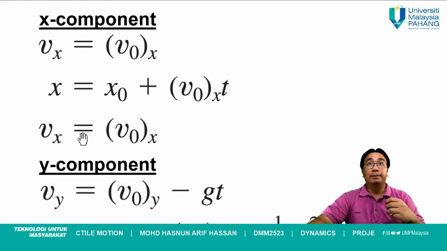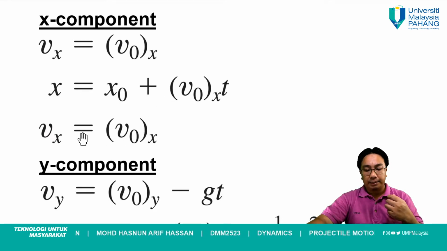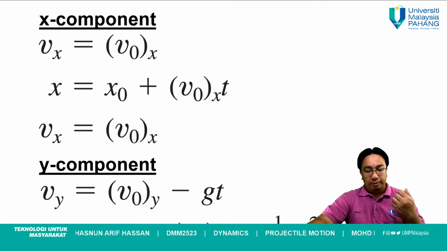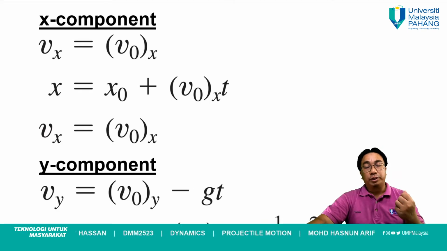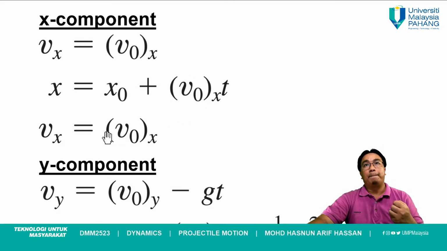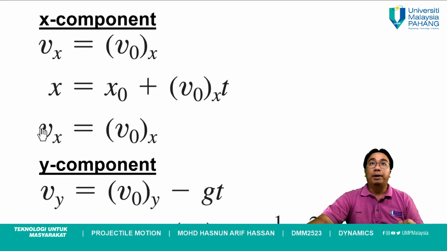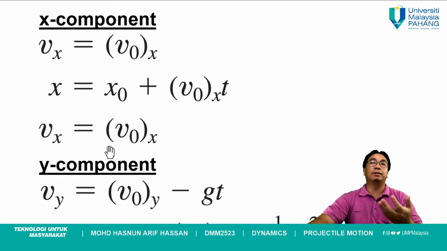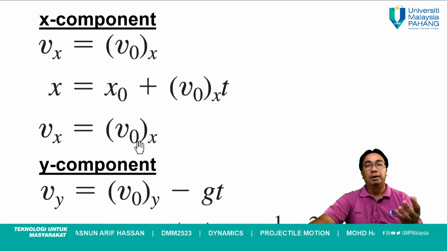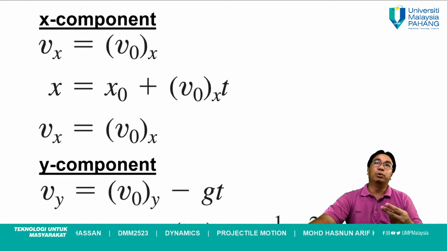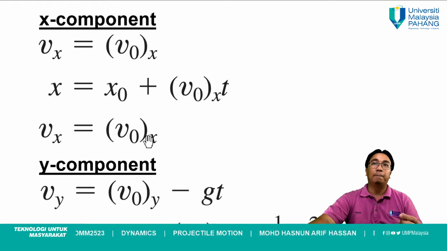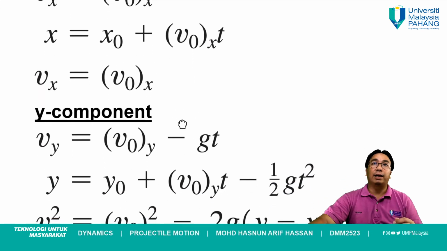Dan daripada equation for constant acceleration yang ketiga, kita dapat formula yang sama dengan yang pertama. So Vx is equal to V naught X. So basically for X component ada dua equation yang kita dapat terbitkan untuk case projectile motion.